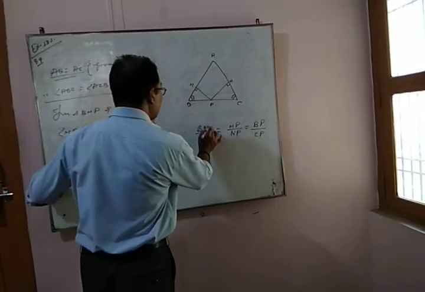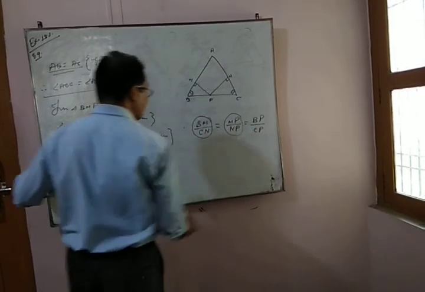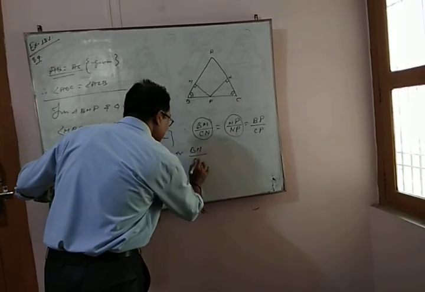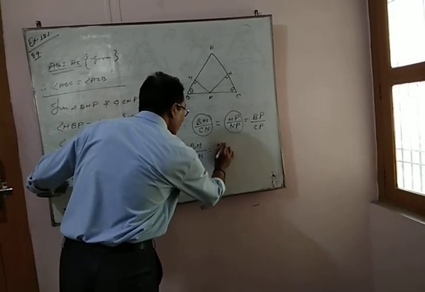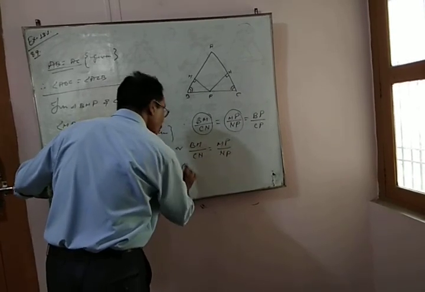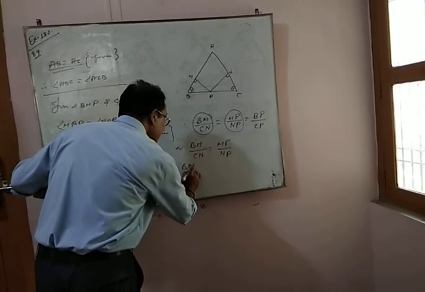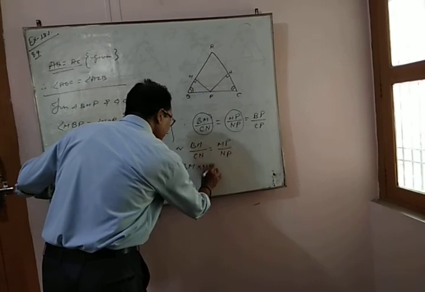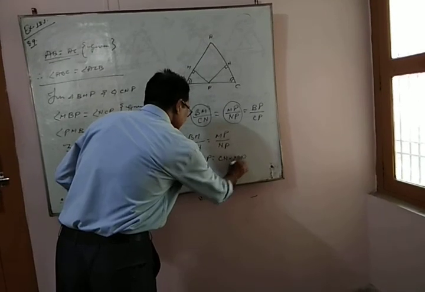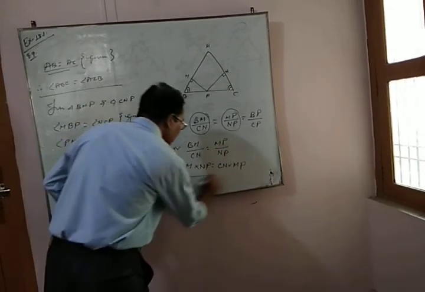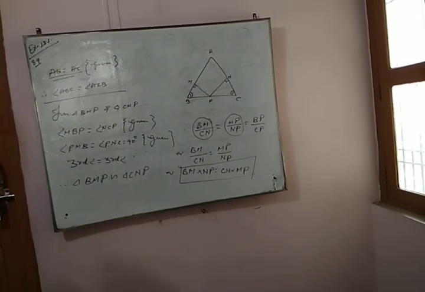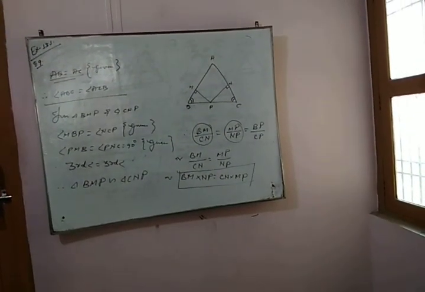So you take the ratio of corresponding sides, BM by CN equal to MP by NP, and do cross multiplication: BM multiply NP equal to CN multiply MP. So this is the result of the question.